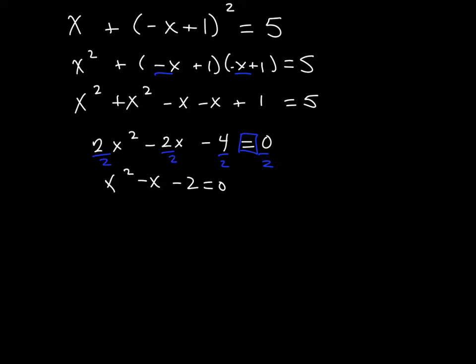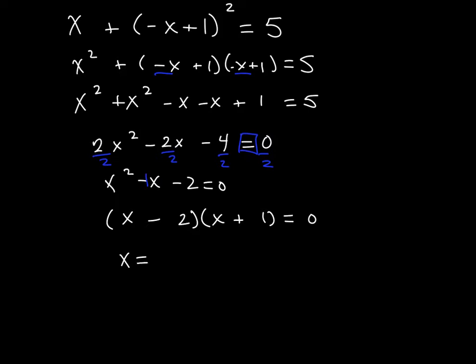Now, the interesting case about these is we do have two solutions. So let's go through and factor this. The only two factors of x squared are x and x. The only two factors of 2 are 2 and 1. And because you want that to be a negative 1, that needs to be a negative 2 and a positive 1.